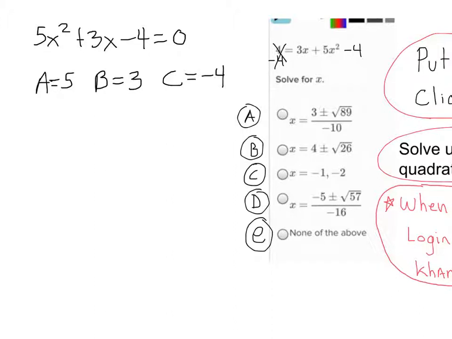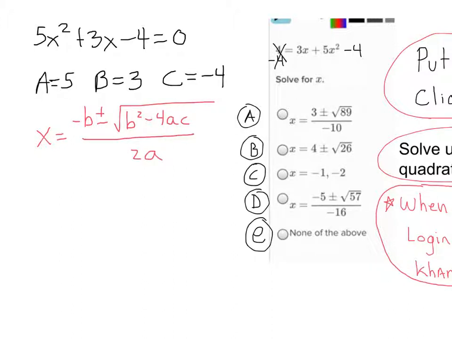Okay, now it asked me to solve this using the quadratic formula. So I'm going to write the formula. X equals negative b plus or minus the square root of b squared minus 4ac, all divided by 2a.